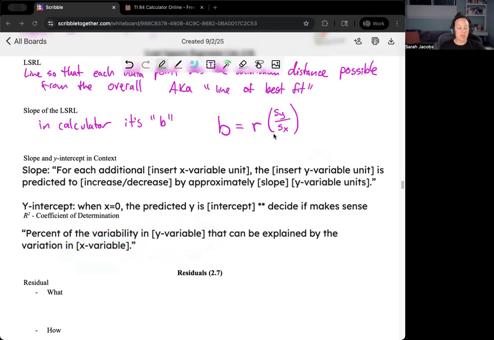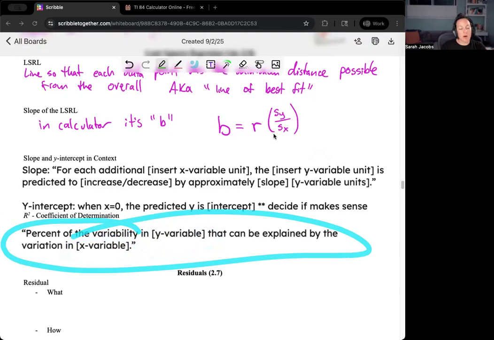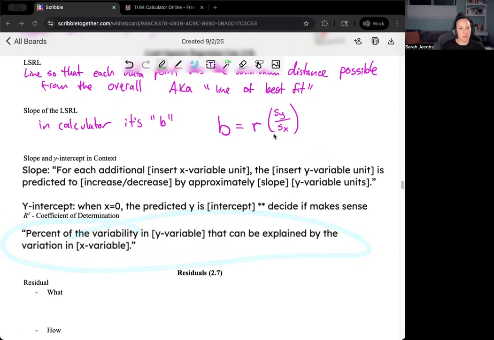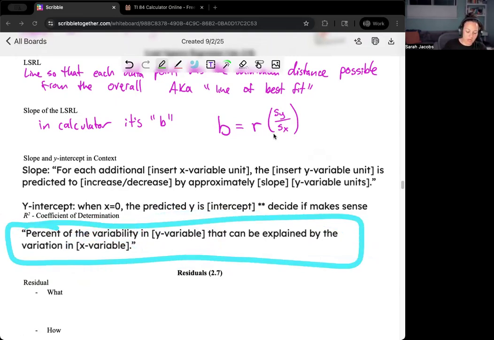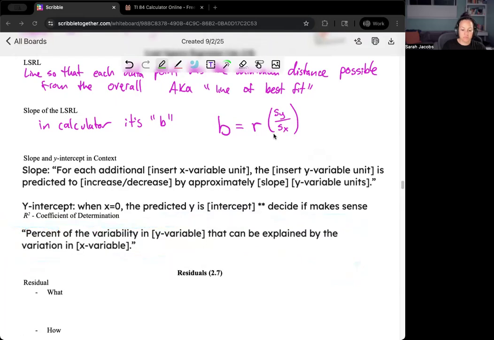But there's lots of other factors besides just age that contribute to how long a baby is, how tall a baby is. So, this is one you're probably going to have to just grapple with a little bit. But for now, if you're asked to interpret R squared in context, this is the sentence stem to use. Okay. Onward.